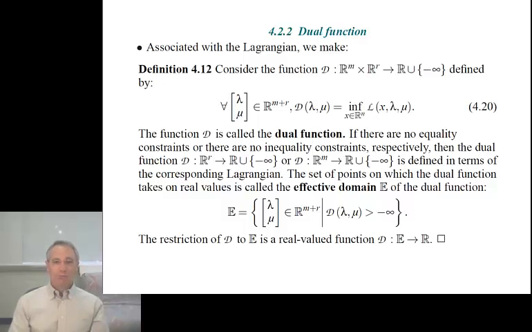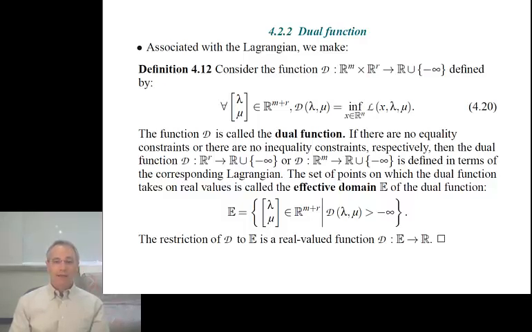The dual function being defined as the inf, for a particular lambda and mu, it might take on the value minus infinity. Most of the time we're going to be interested in the values of lambda and mu where the dual function doesn't take on the value minus infinity.